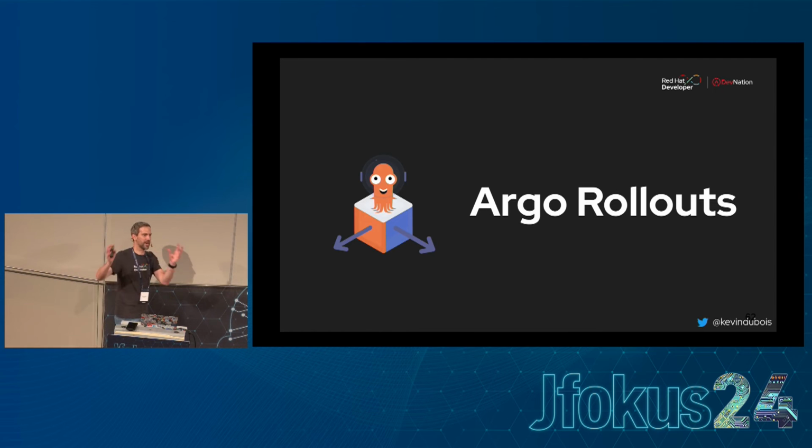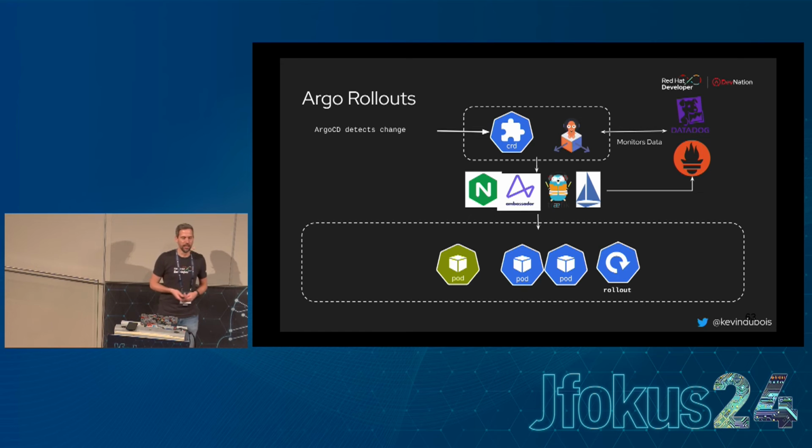It's the same kind of project behind it, but it's a different tool that also uses ArgoCD, by the way. Argo Rollouts can integrate with different components. You see the little sail there, that's Istio, so you can use Istio, but you can also use Nginx or Traefik, or there's a bunch of different ways that you can route your traffic.